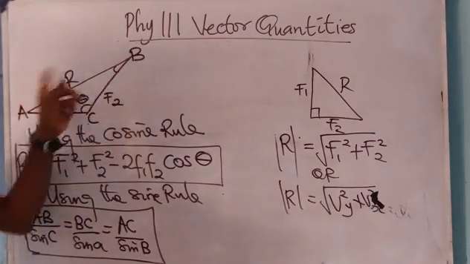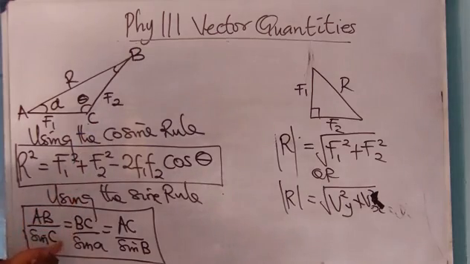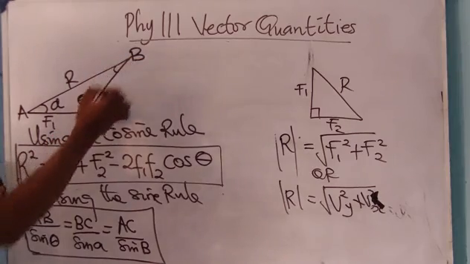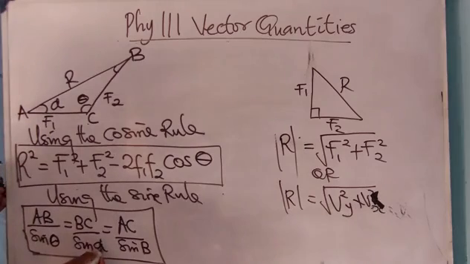Now, AB, you have them to be facing this angle, which is C. I'm using alphabet now. Let me just use sine theta. All right. And you have another one, BC, being faced by angle, just like alpha sine.